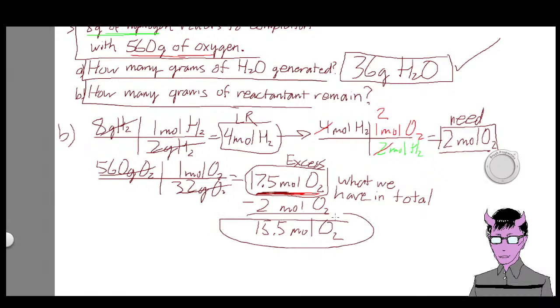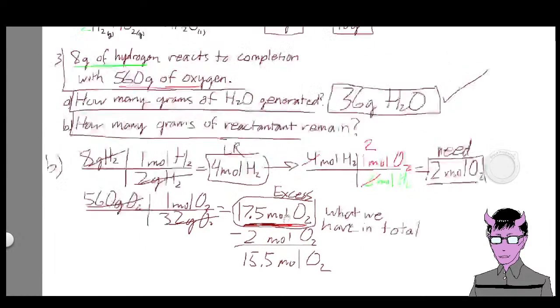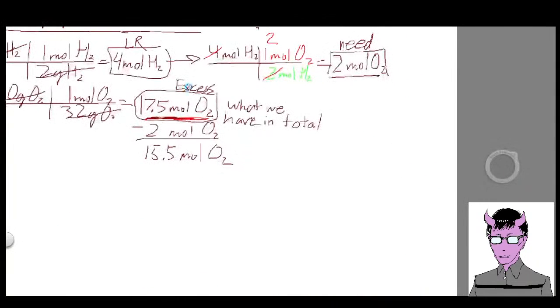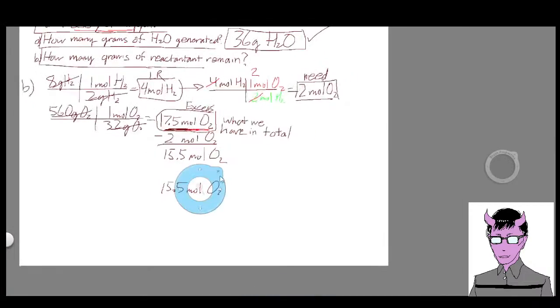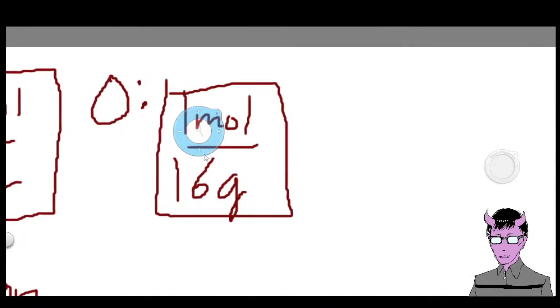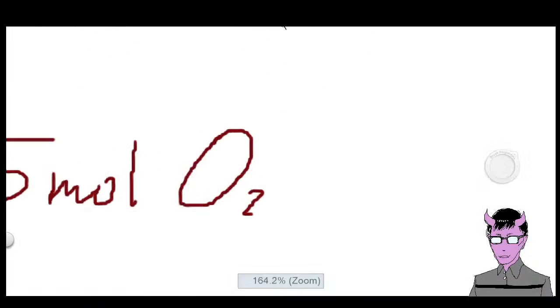Is this our answer? It is not our answer. Make sure you convert this. Working off of the 15.5 moles, how many grams do we actually have? Again, reference the periodic table. But since I gave the crude approximations, here it is. 1 mole is 16 grams.